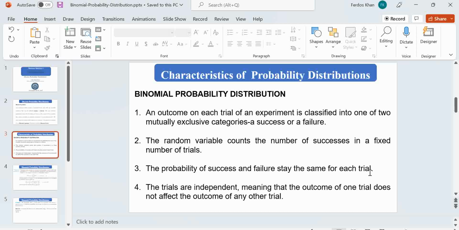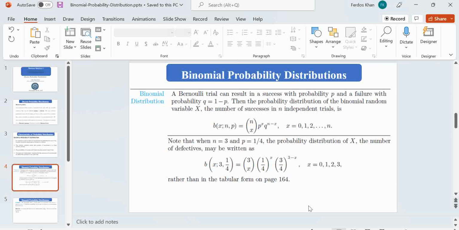Similarly, any other trial cannot be affected by the previous trial. So the trials are independent. Whenever you see these characteristics in a numerical problem, you can solve it by using the binomial probability distribution.